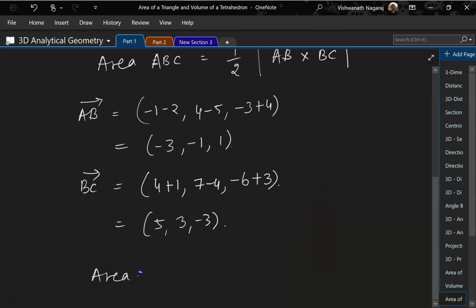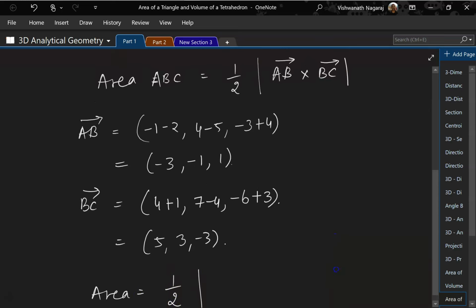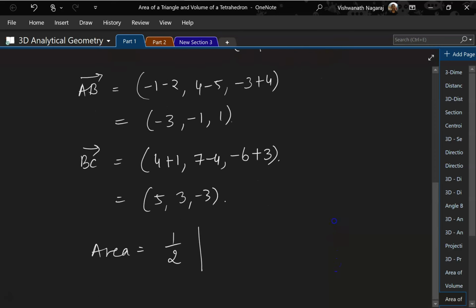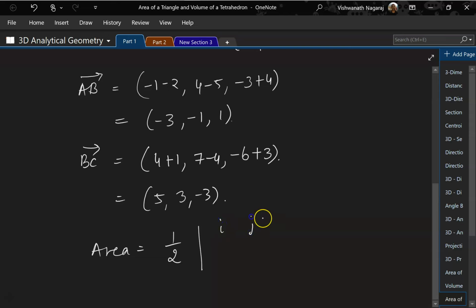So area is equal to half of the cross product. Now cross product, how do we figure out? Cross product we figure out by evaluating the determinant. So that is i, j, k, and here we will have -3, -1, 1 and 5, 3, -3.